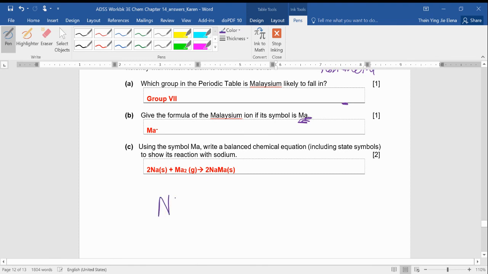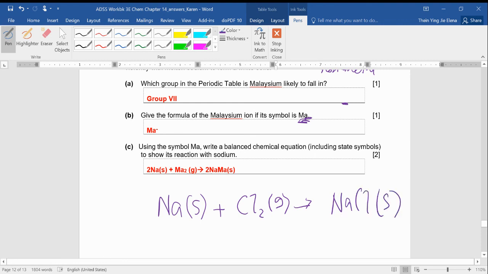So if you think it looks confusing, you can imagine I react sodium with chlorine gas, for example. Okay, then I'll get sodium chloride. This is just an example to make it easier to understand. Alright, then I just need to balance. If I have 2 chlorine here, I should have 2 on the right side.